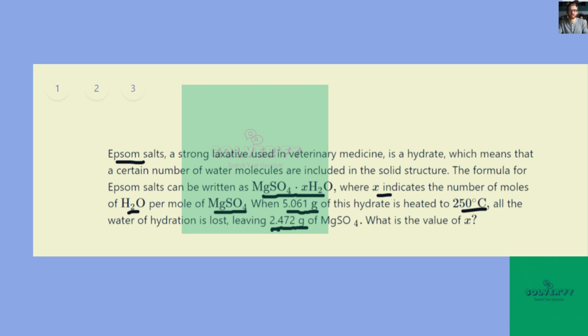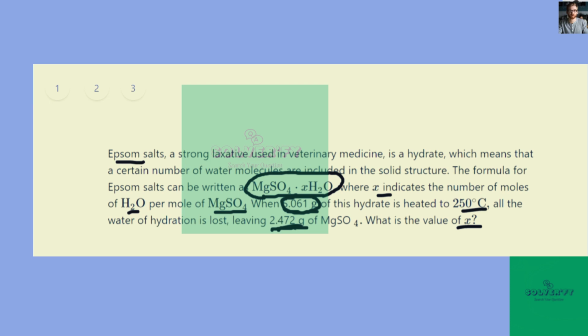That means this is the mass of magnesium sulfate in this formula, and this is the mass of the whole formula. So we have to find the value of x. That means we have to find the number of moles of H2O present per mole of magnesium sulfate. As you know, to find the number of moles, we just divide the mass by the molar mass.